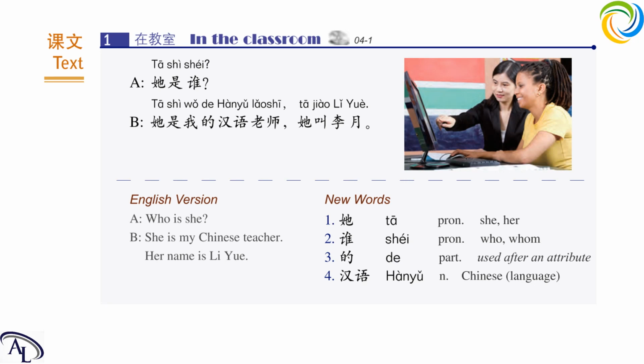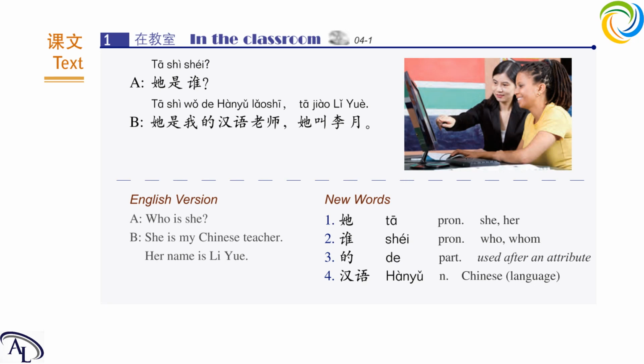For example, when you want to say A's B, then in Chinese it is A 的 B. So 的 is just the same as English 's. For example, we've learned teacher is 老师, right?